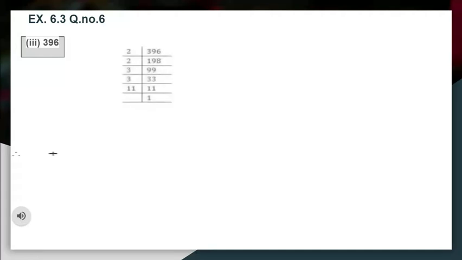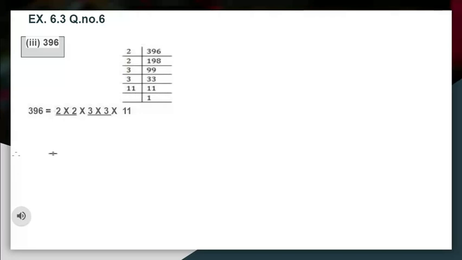Continuation of question number 6, third number, 396. As usual, first take the factors of 396. After factorizing, we get 396 is equal to 2 into 2 into 3 into 3 into 11. Here also 2 and 3 are having pairs, but 11 doesn't have one.